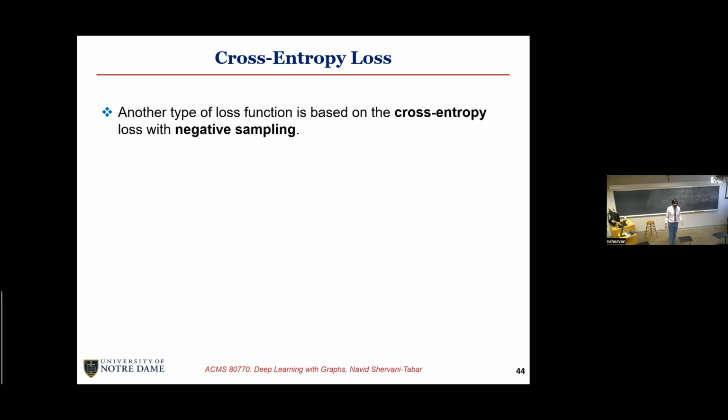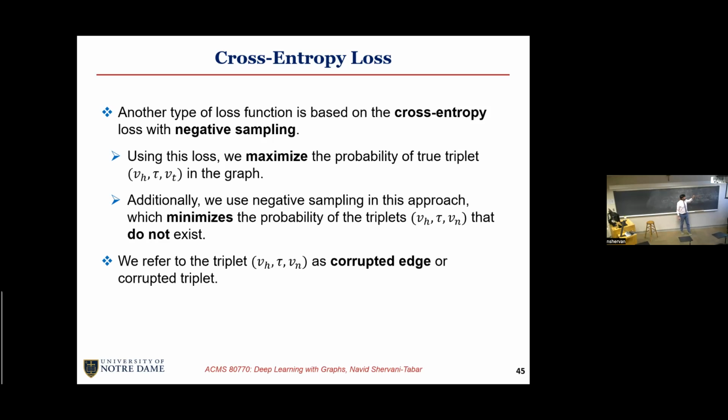So here, for training multi-relational models, we can use cross entropy with negative sampling. What that means is that, given a set of nodes and relations between them, we want to maximize the probability of observing the data in hand.